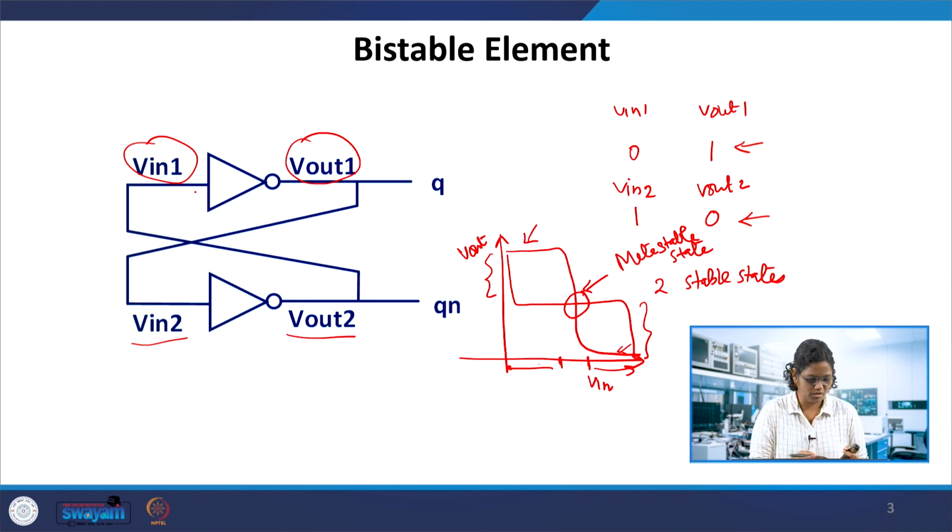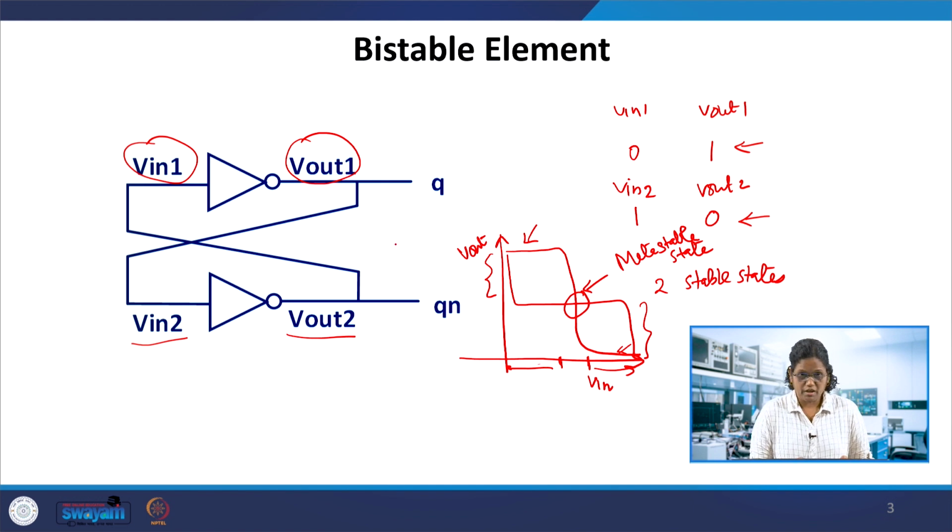Noise in this circuit can also create that. If there is not sufficient noise, it will not move the device to one stable state, from here to here or here to here, but it lies in between, that is between 0 and 1. This is just an illustration to understand what the metastable state is, which is also a state of these devices.